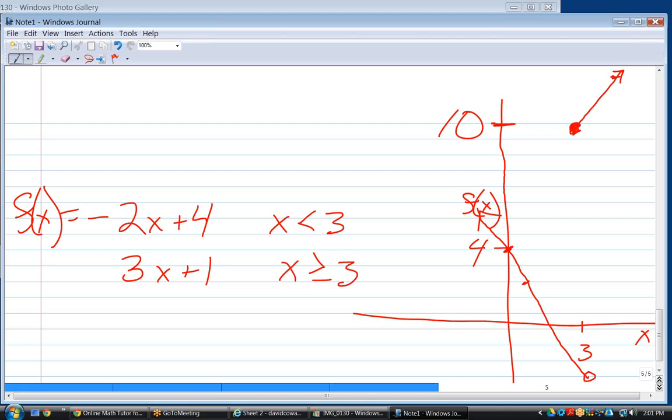In other words, to figure out which function you're going to use, you have to look at that right-hand side. That's always where you want to start when you think about piecewise functions, whether you are graphing them, reading a graph, or evaluating a function. So what would f of 0 be?